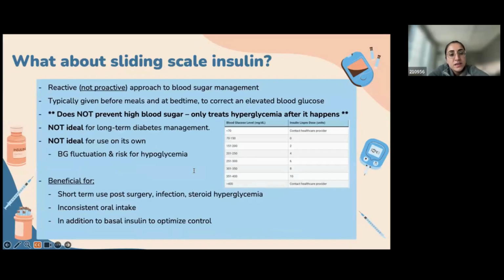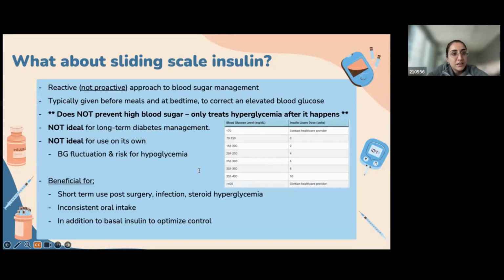Sliding scale insulin, in general, is a very reactive approach to blood sugar management, and it's not proactive. So it often leads to frequent fluctuations in the blood sugar. You get a very high hyperglycemia, and you correct it, you can get low hypoglycemia. So you still get a lot of risk with using it, especially risks of hypoglycemia.